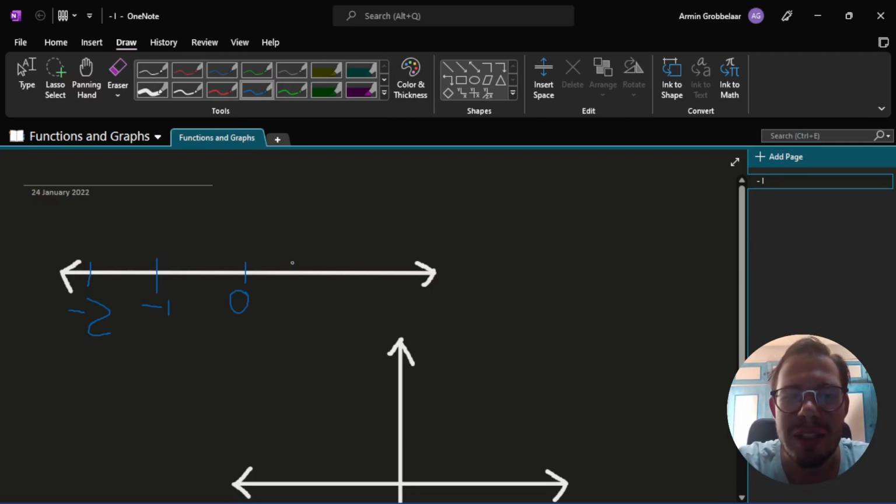Then on the right hand side we can have maybe a 1 here, and then a 2 here, and maybe a 3 here. Now I know it's not always possible, but we always try and keep the distance between the two numbers equal, because the distance between 1 and 2 is the same as the distance between 2 and 3.